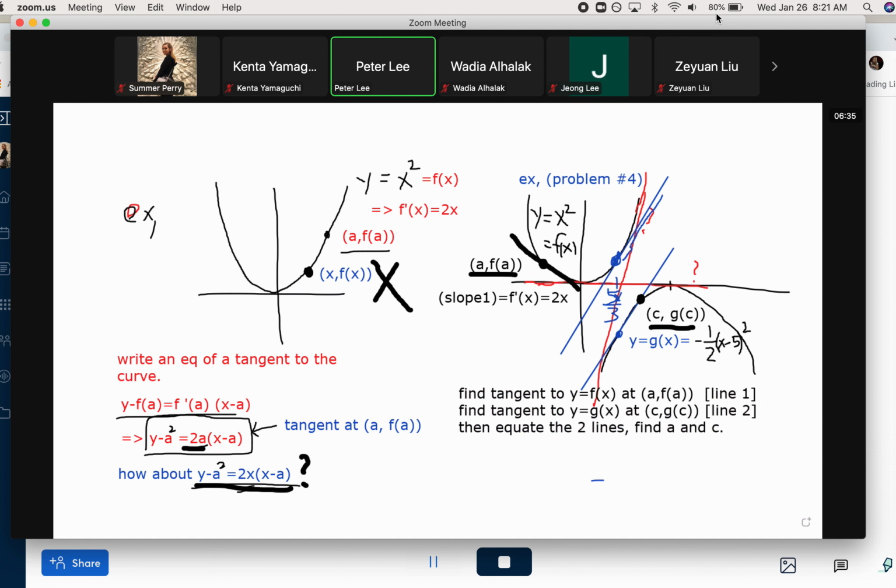If this is not a line equation, this is not a tangent line. If it's not a line, how can it be a tangent line? It cannot be a tangent line because it's not even a line. The problem is because the slope has an x in there. So the tangent point should never be called x comma f of x, and when you plug in a slope right here, it should never contain an x.